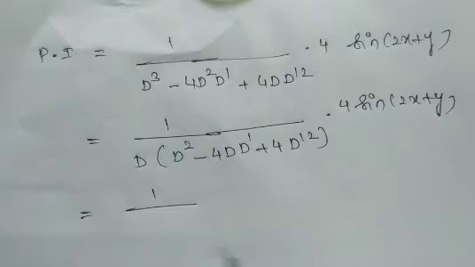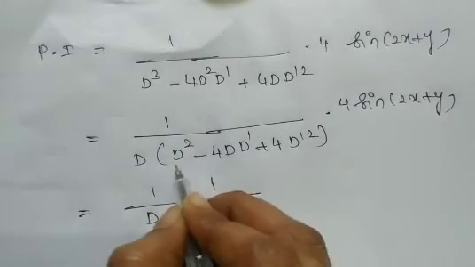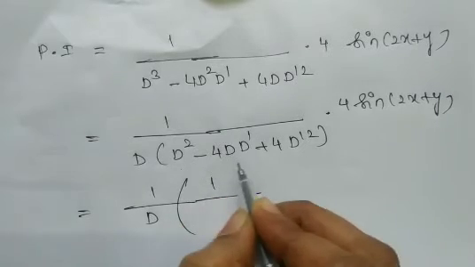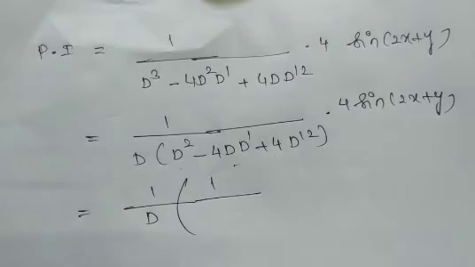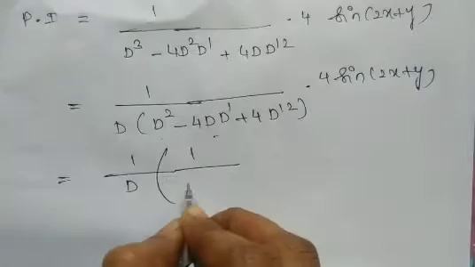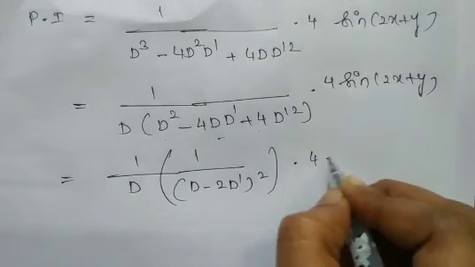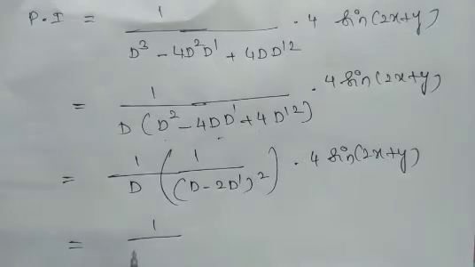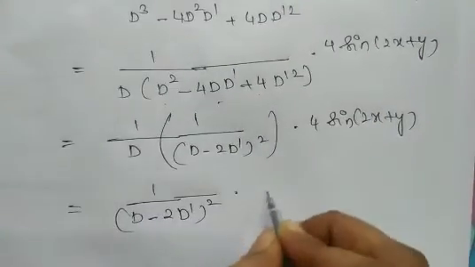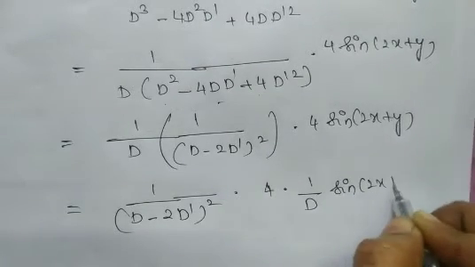So 1 by D into 1 by, so this can be written as D square minus 4D D dash plus 4D dash square, which can be written as D minus 2D dash whole square, into 4 of sine 2x plus y. So 1 by D minus 2D dash whole square into 4 into 1 by D of sine 2x plus y.